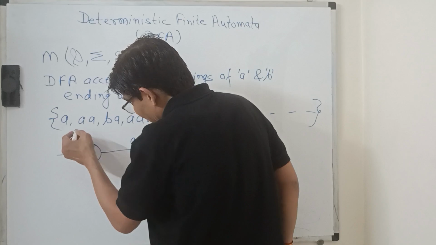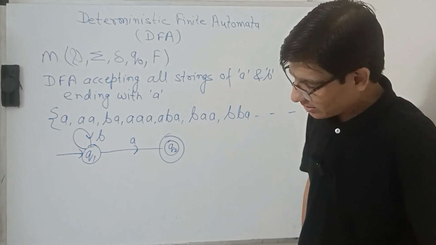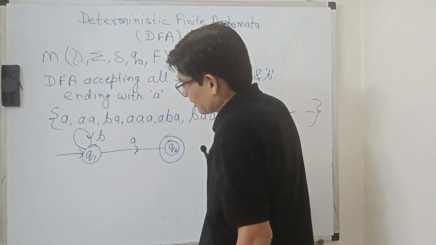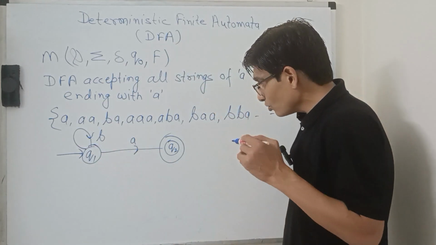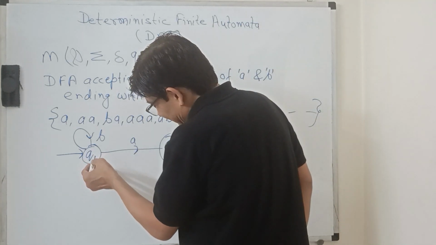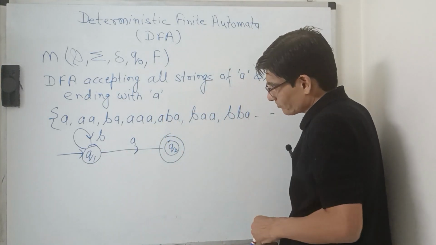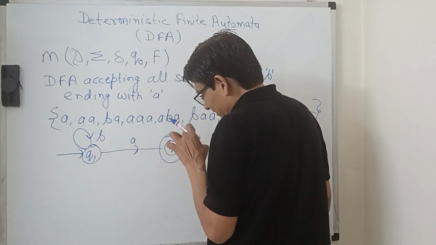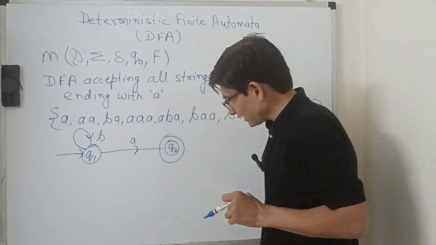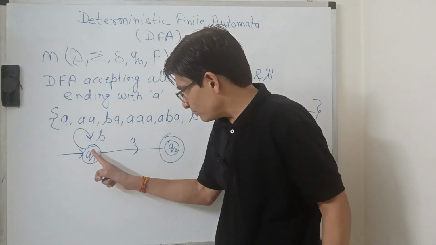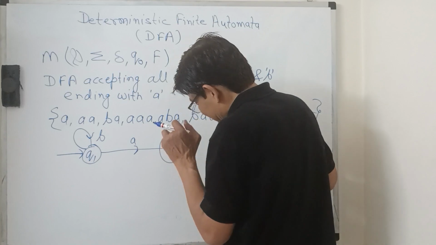But if you get B, then you must stay in this particular state. In the initial state, we have considered both symbols A and B. If we get A, we move to Q2, and if we get B, we remain in Q1. Now we have considered all the input symbols for this state.